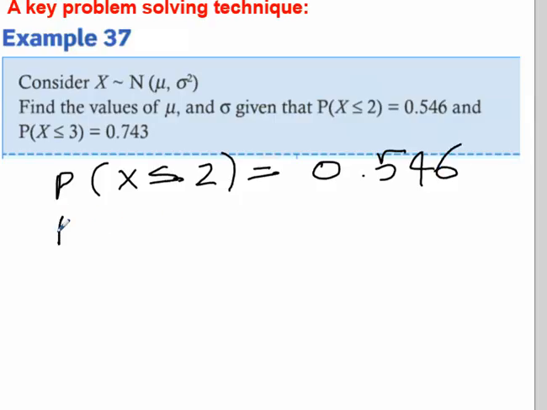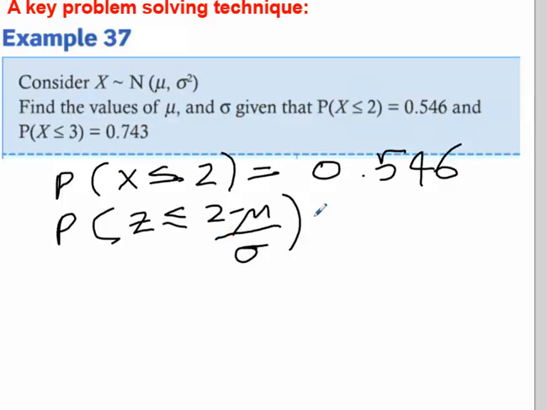Using z, I can transform that to z less than or equal to 2 minus mu over sigma. And you might think, well, so what?